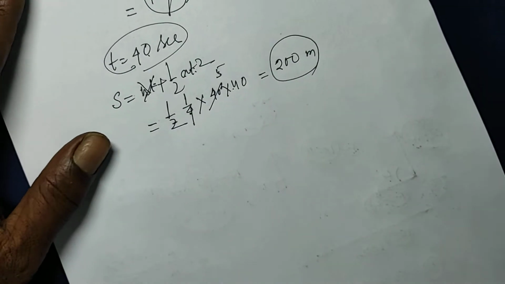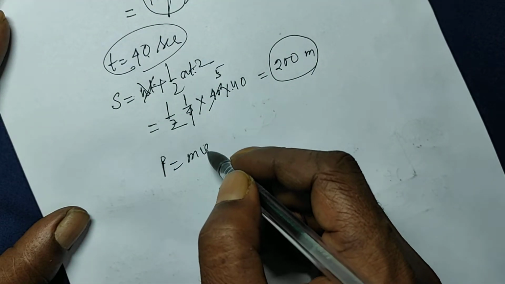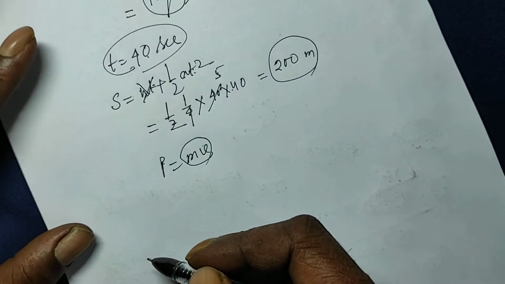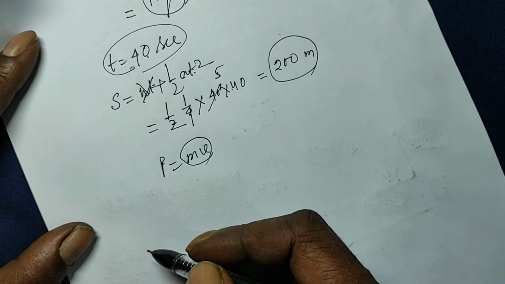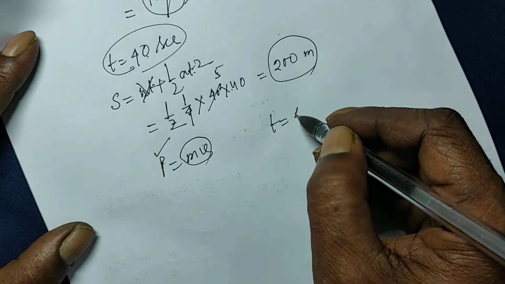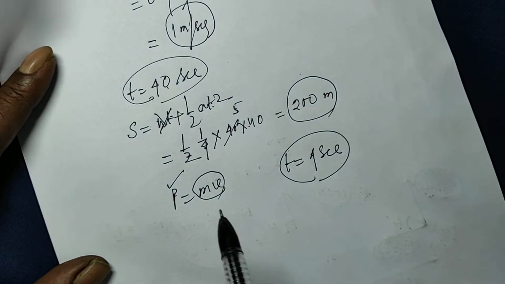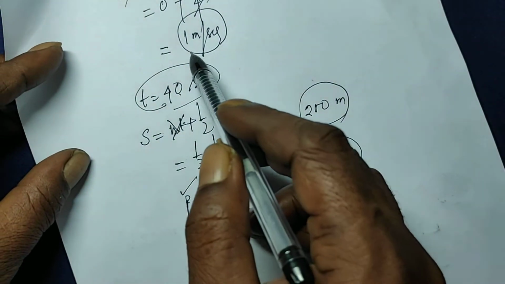You can also find out its momentum, since you know the symbol for momentum is P, is mass times velocity. Now, if you want to find the momentum at t is equal to 4 seconds, at t is equal to 4 seconds, we have found out the velocity as 1 meter per second.